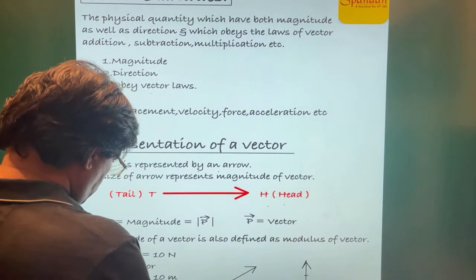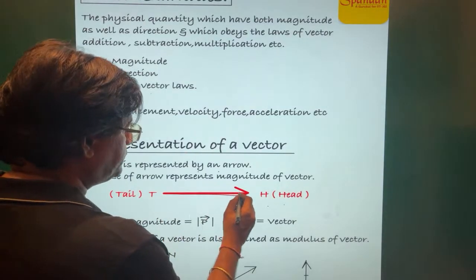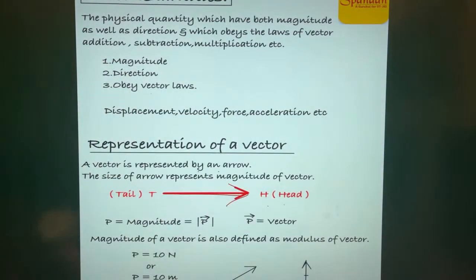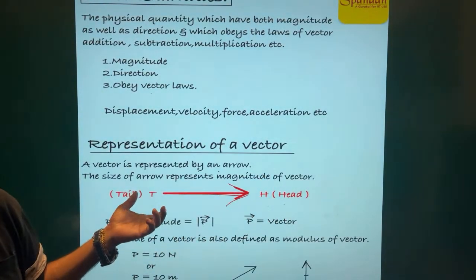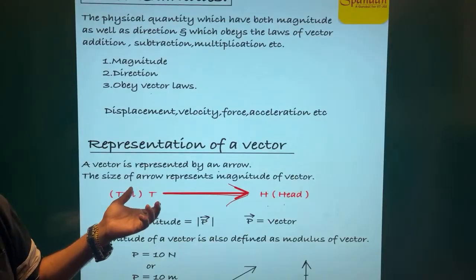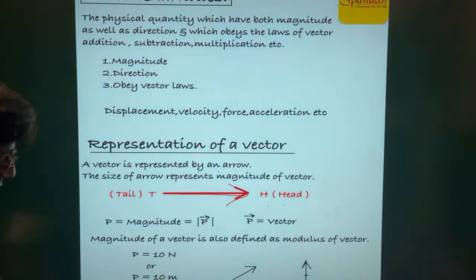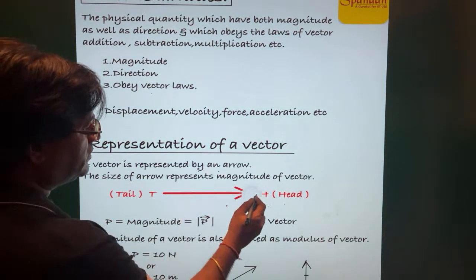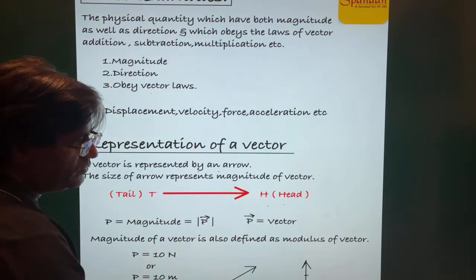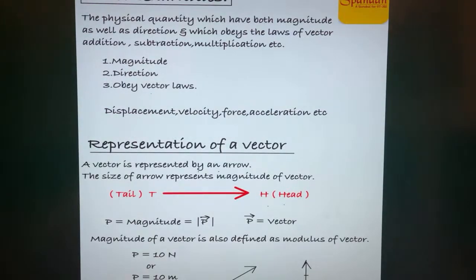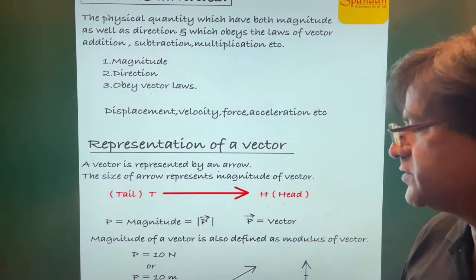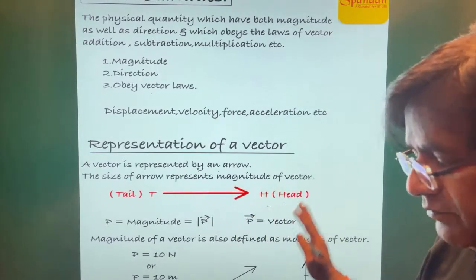If there is an arrow, then this arrow has a head point, which is called the head, and the behind part is called the tail. So there will be a tail and a head, two parts, right? And the direction of this arrow will show the direction of the vector quantity pictorially. So this is called the pictorial representation of a vector. A vector can be represented by an arrow.